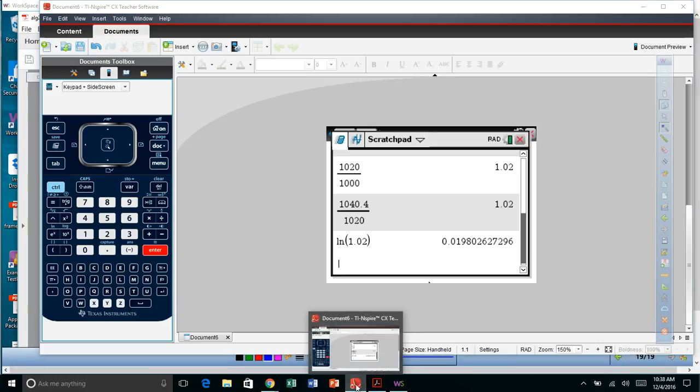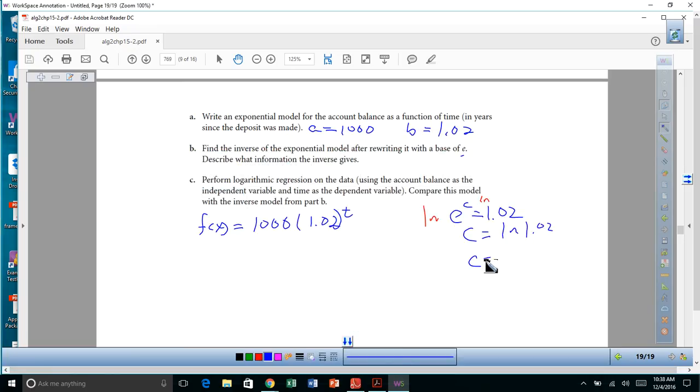So we'll just say 0.02. So c equals 0.02, and it's not exact, so it's an approximation.